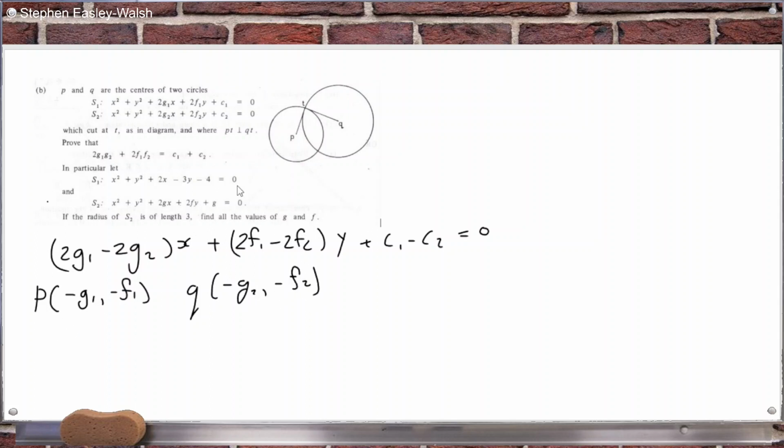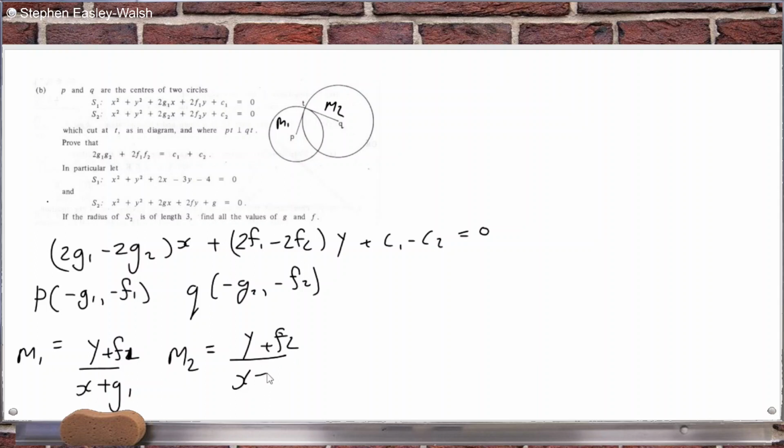So the slopes, if we say that's M1 and M2, M1 would be y plus F1 over x plus G1, and M2 would equal y plus F2 over x plus G2, and they should multiply to get minus 1.